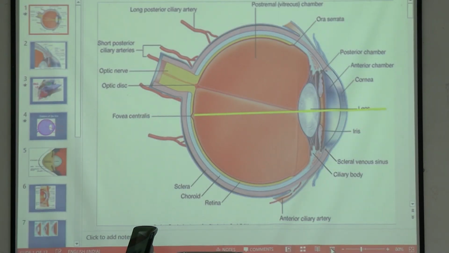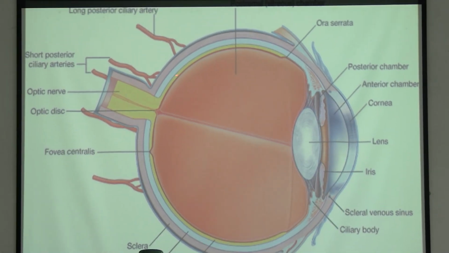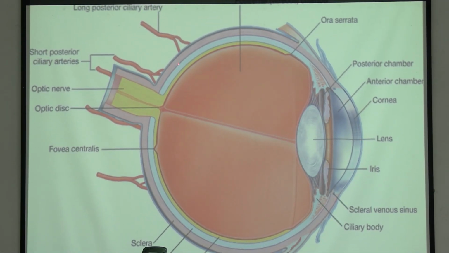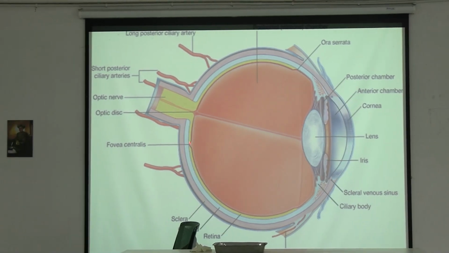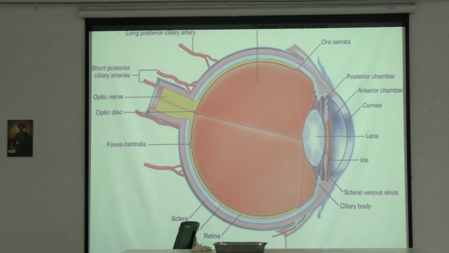Now here we can see this. So the next layer is, though it appears as blue, actually this is brown black in color. The whole tract is a circular tract.